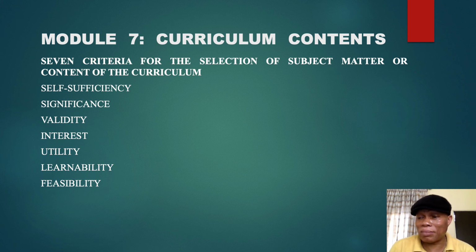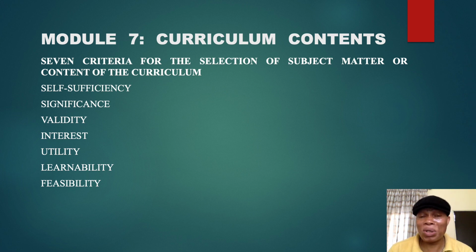For instance, do not offer a computer subject if there is no electricity in that area. You are talking about subject matter and you want to include computer in a remote area, or even in public schools where there is no electricity, or where there are no computer gadgets to work with, or where there are no experts to handle the computer if they are available.